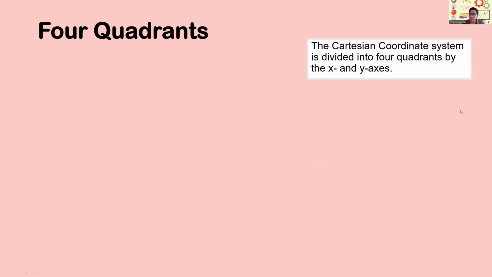Another piece of information or trivia that might help you or might annoy your friends is that mathematicians categorize the Cartesian coordinate system into 4 quadrants. So think about it this way. The PowerPoint slide right now is just a blank page.